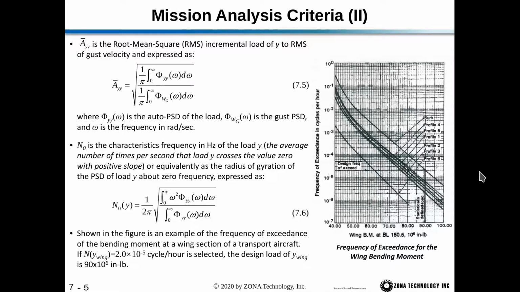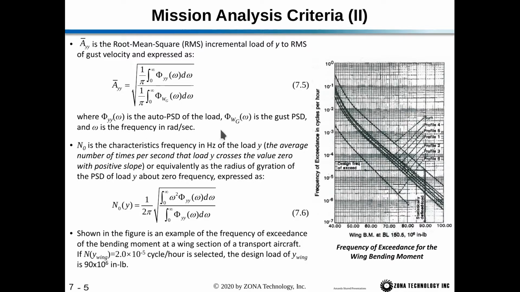Continuing on, A bar yy is the root-mean-square incremental load of y to the RMS of the gust velocity, and it's expressed here in equation 7.5. So our phi yy of omega term in the numerator is the auto PSD of the load. Phi WG of omega is the gust PSD, and then omega is the frequency in radians per second.